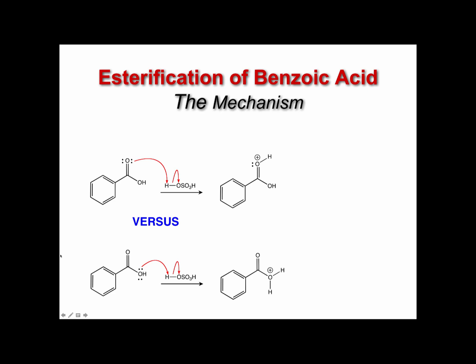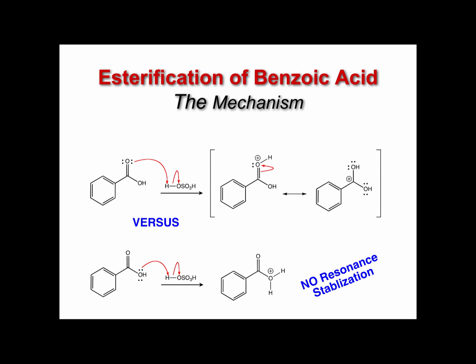Whereas in the top example, you can get out your red pen and start to push some arrows around, and sure enough, there's resonance stabilization, so we can spread that charge around. There's another resonance contributor that I haven't shown here, the other obvious one. The one I have shown is not a very significant contributor, so think about whether you can figure out what the other one is.